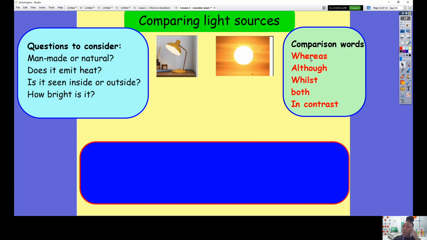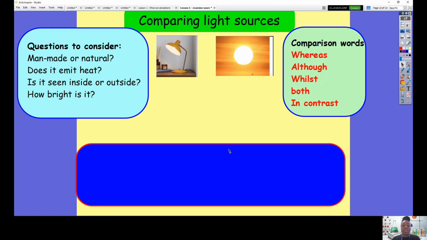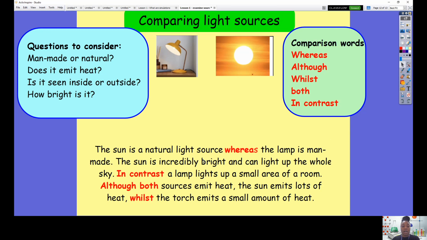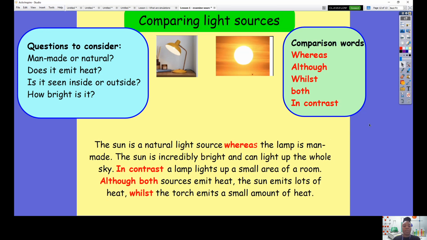I'm going to show you the paragraph that I wrote previously, and I've used comparison words in it. Words like whereas, although, whilst, both, and in contrast, just to make my paragraph sound a lot nicer. Here is the paragraph that I have done earlier, and I'm going to read it out to you. The sun is a natural light source, whereas the lamp is man-made.